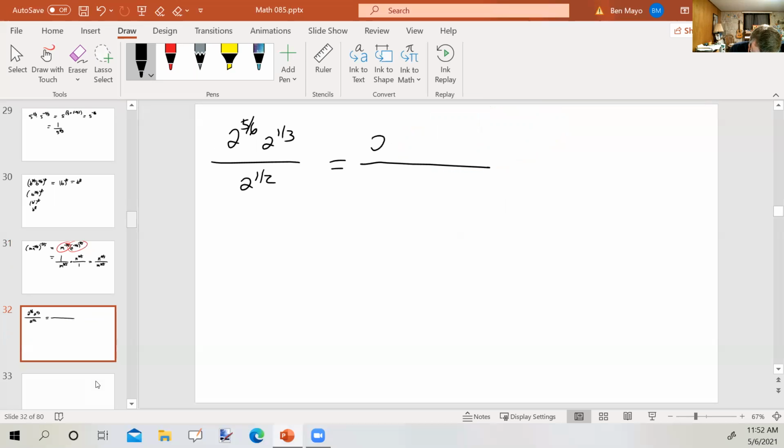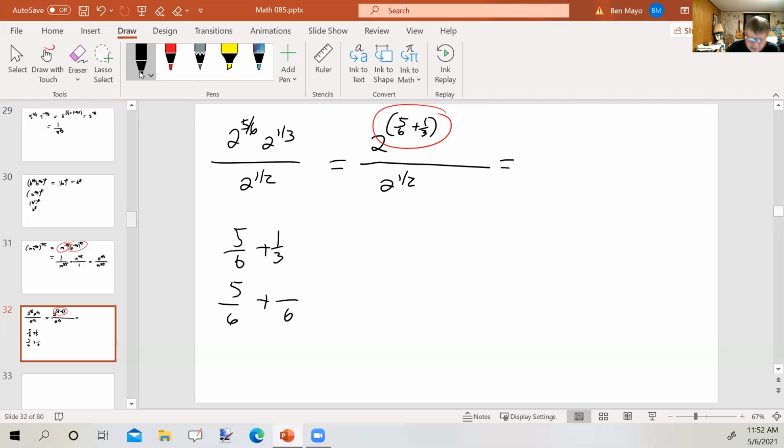So in the numerator, we get 2 raised to the 5/6 plus 1/3 power over 2 to the 1/2 power. 5/6 plus 1/3, the common denominator would be 6. So 5/6 stays as 5/6. 1/3 we'd multiply by 2 over 2 to get 2/6. 5/6 plus 2/6 is 7/6. That's kind of hard to say. So now I've got 2 to the 7/6 power over 2 to the 1/2 power.